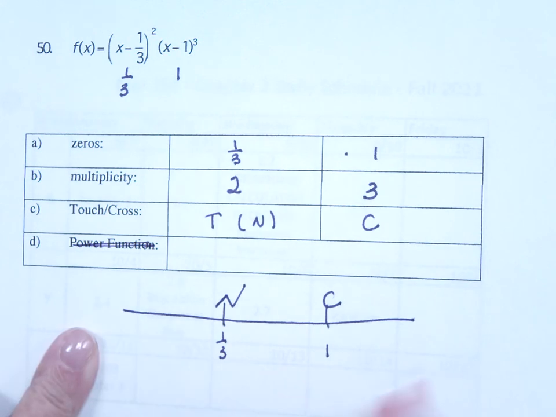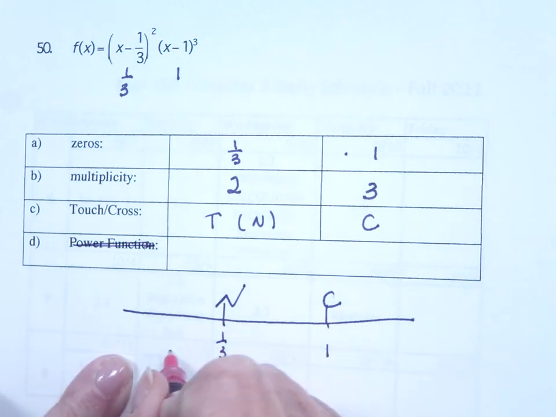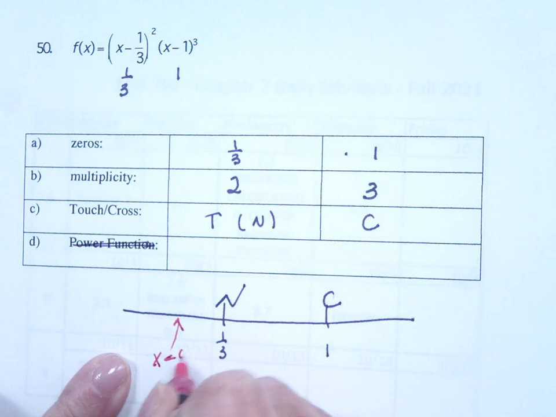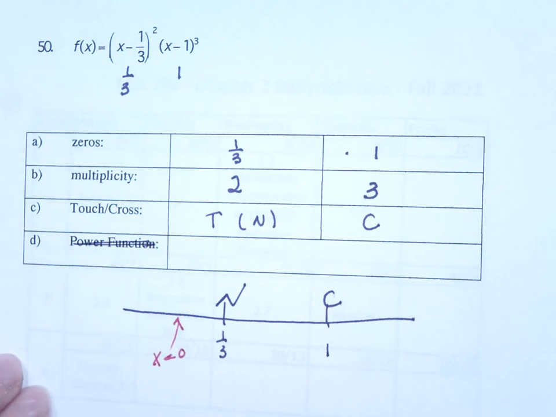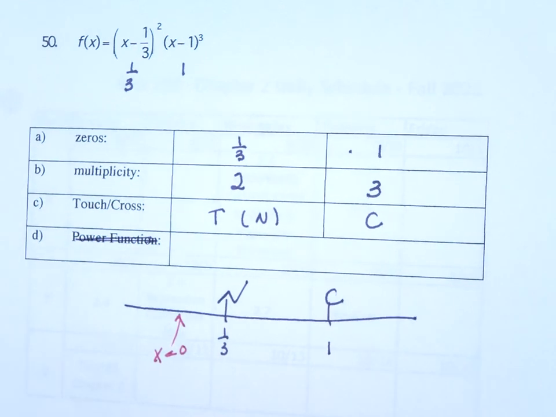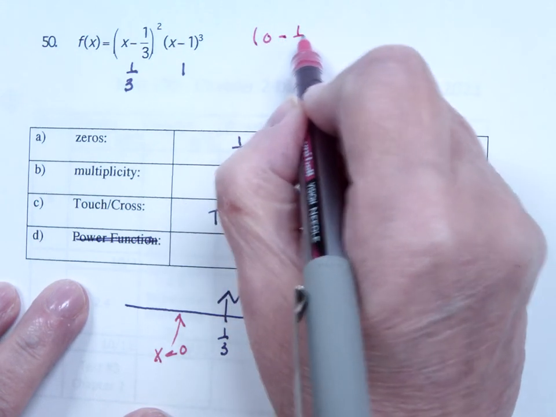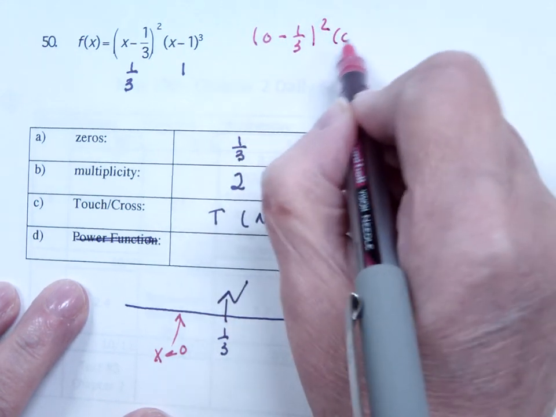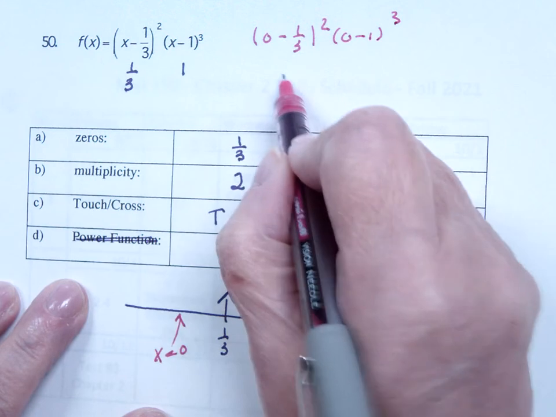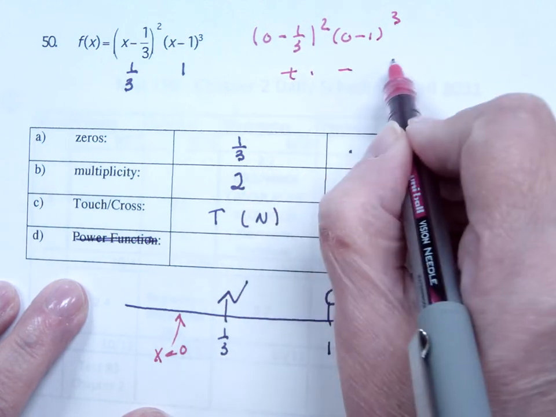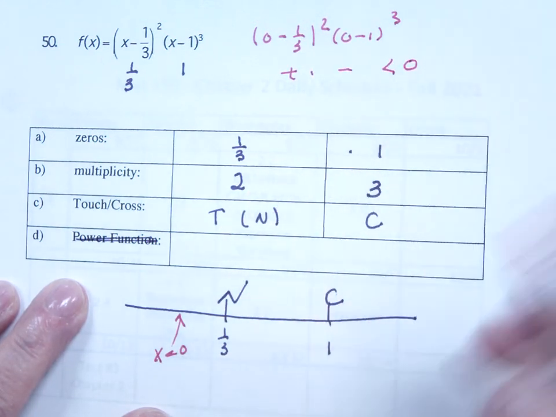I want to use 0, but 0 is over here to the far left. I'm not used to having all positive zeros. So now, this is 0 minus 1/3 squared, 0 minus 1 cubed, positive and negative. This sucker is negative.